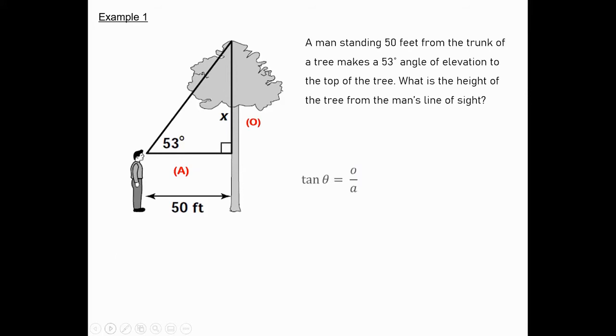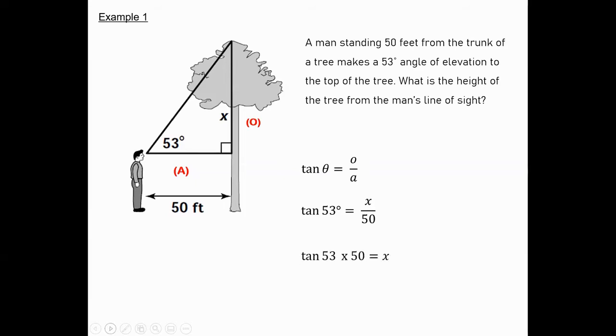So let's start with our formula. We always start with the formula. That keeps it oriented, tells me what to do next. That's our plan of attack, our formula, which is the tan of angle theta equals opposite over adjacent. Next, let's substitute. We're looking for tan of 53 degrees is equal to x over 50.